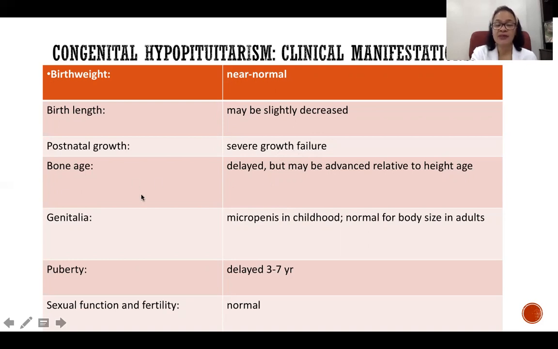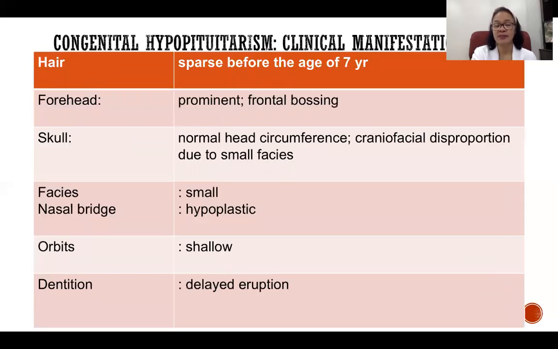With regards to bone age, it is usually delayed. And with the genitalia, during childhood, there is micropenis, but it can be normal for body size in adults. Puberty is most often delayed. And the good thing here is sexual function and fertility are still normal.